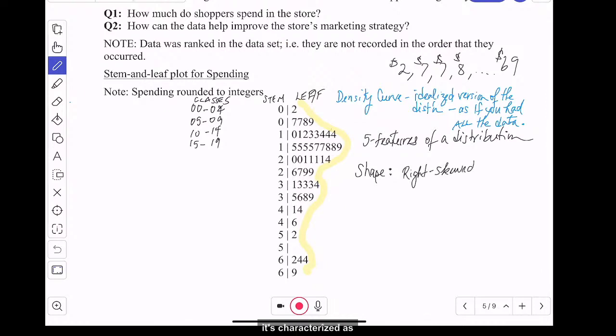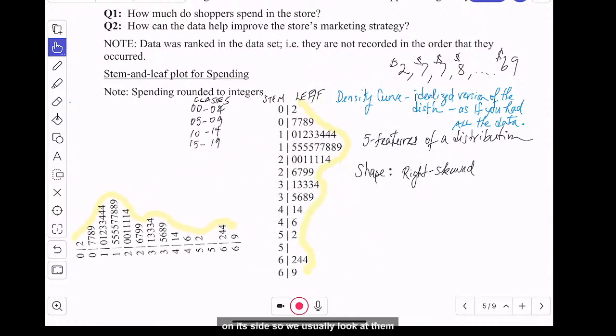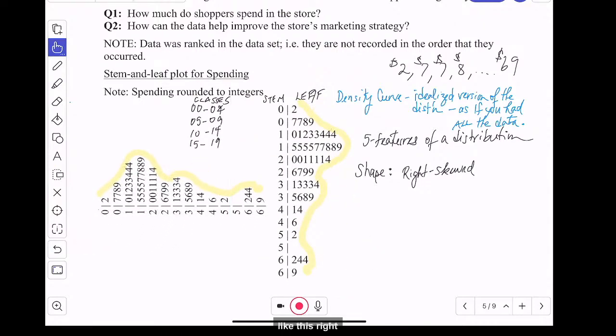It's characterized as, I'm going to turn this on its side. So we usually look at them like this, right? As a number line on this axis, going from small numbers to large numbers. And a right-skewed distribution has just a few observations in the extreme, but most of the observations below.